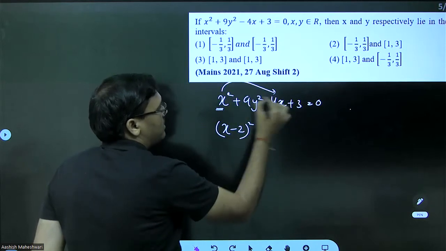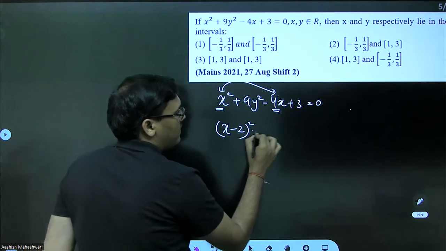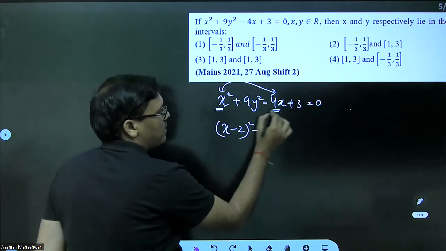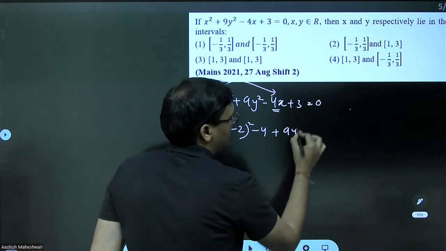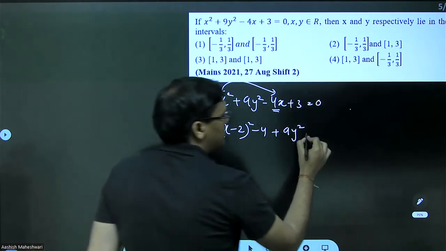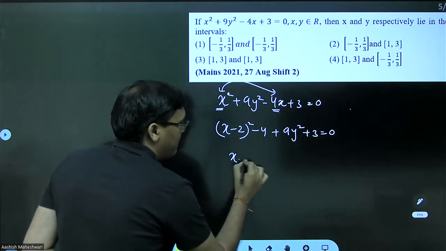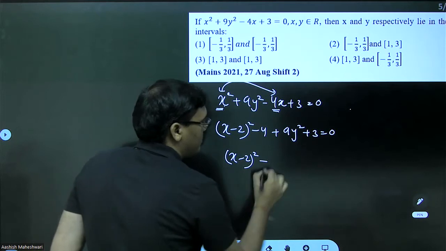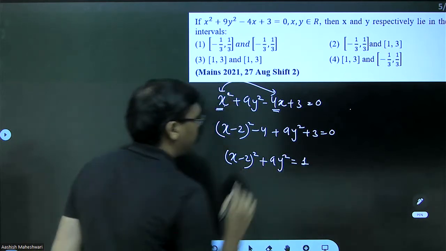Just take these two terms, right? I'm trying to make perfect square. This is x square minus 4x and you will have minus 4. Plus we have 9y square. There is no other y term. This is plus 3 equal to 0. So what do we have? We have x minus 2 whole square plus 9y square is equal to 1.